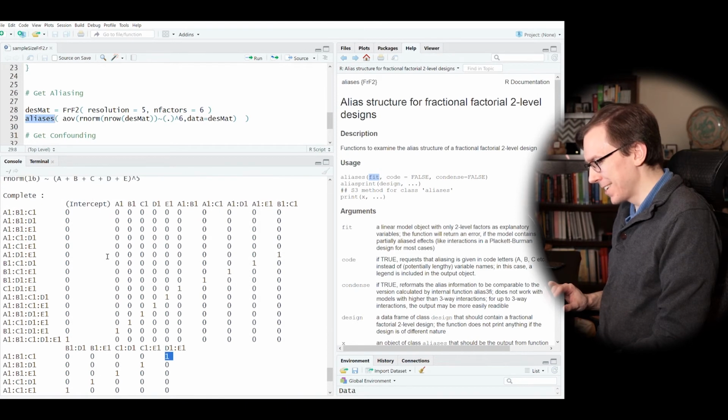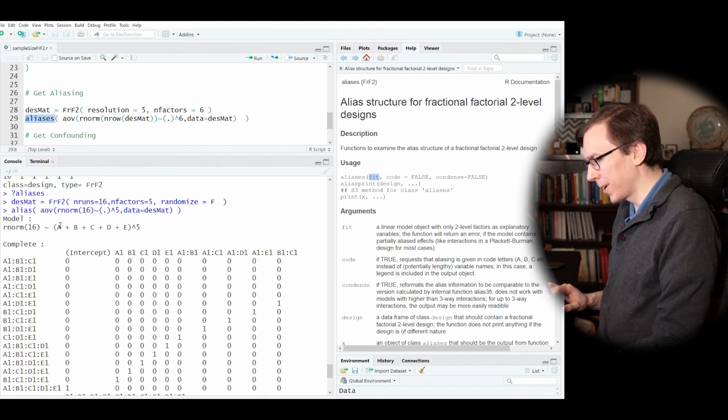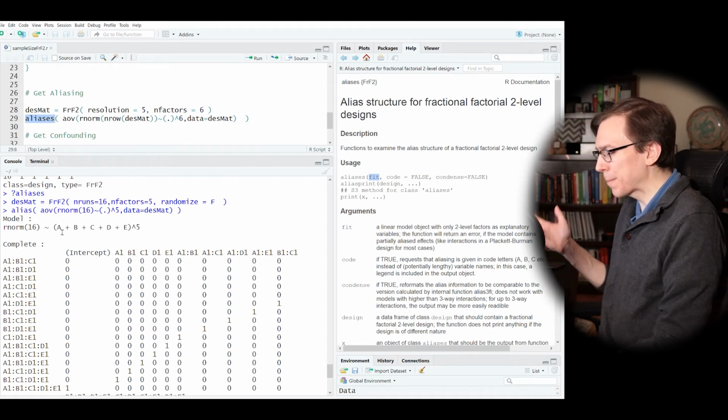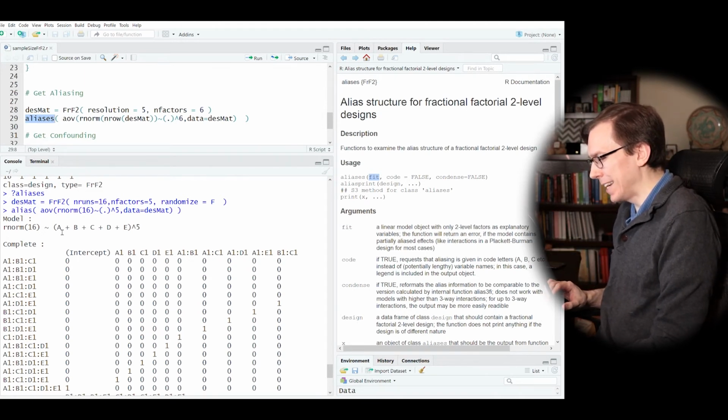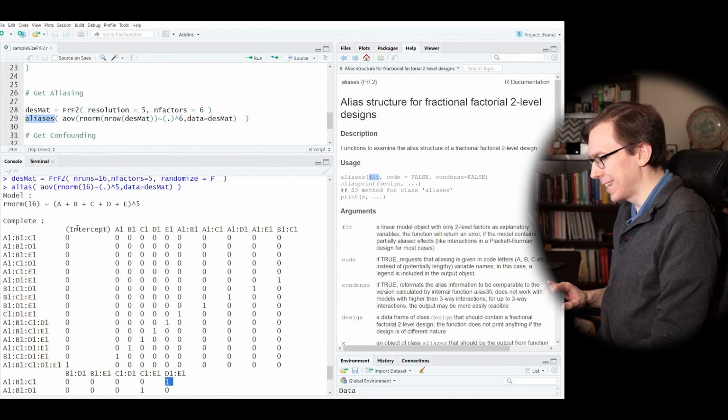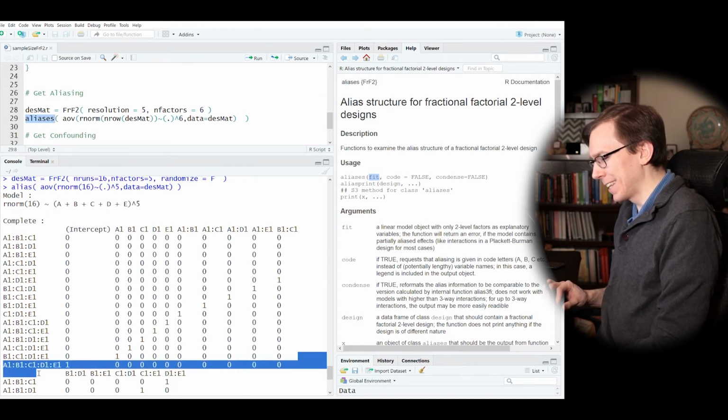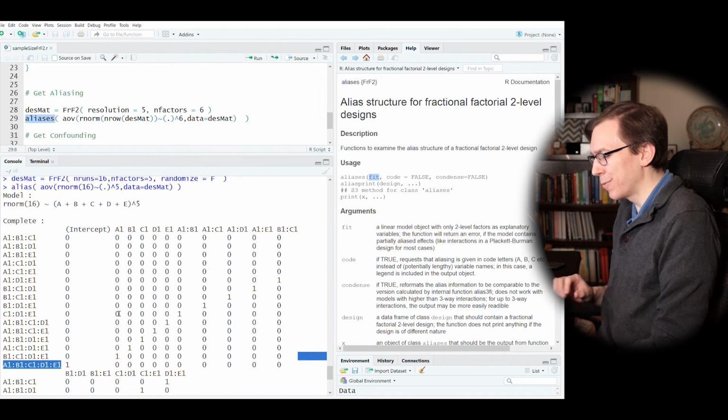Okay, good. So basically what we can do is work backwards. Actually, no, we don't even have to work backwards. It tells us right here, the intercept term, which is kind of like the identity, is aliased with the 5-way interaction.